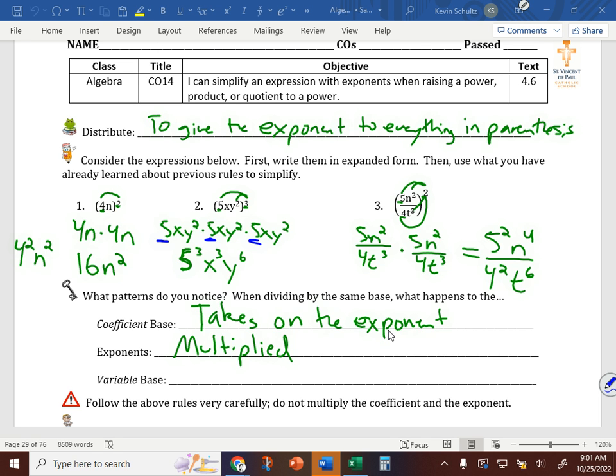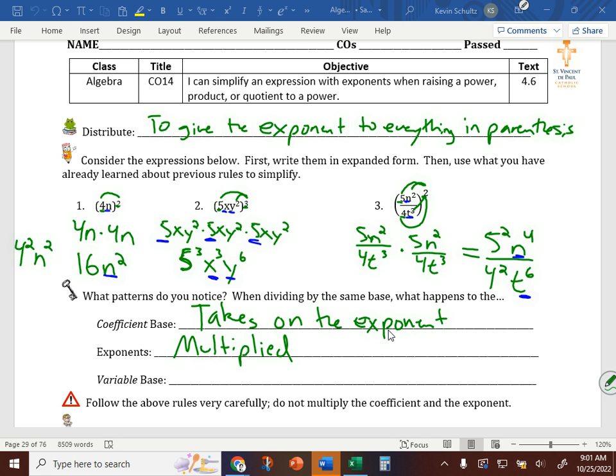And then finally, what happens to the variable base? We had a variable base of n. We ended up with an n. Variable bases of x and y. We finished with bases of x and y. N and t. Finished with n and t. The variable bases, Sam? Well, they do. The exponents are multiplied.